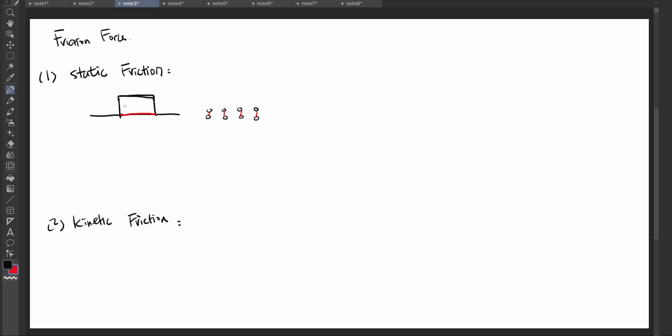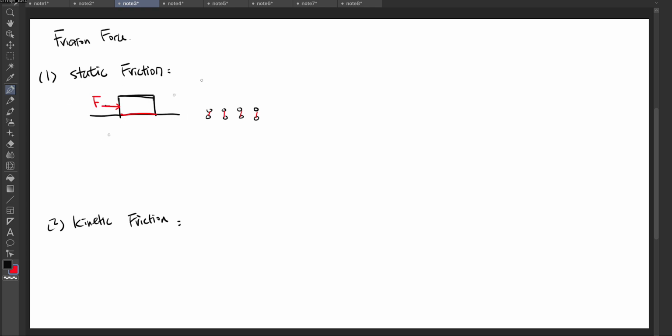And then when we try to, let's say, push the top object to the right side, then we're trying to break these chemical bonds. And that's when these springs react. They will pull the top object backward with this static friction.